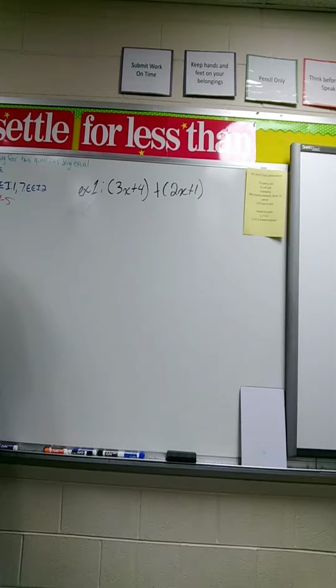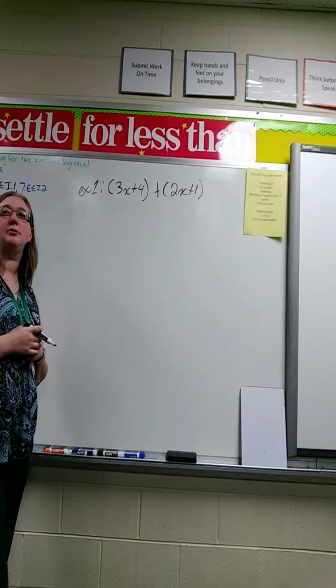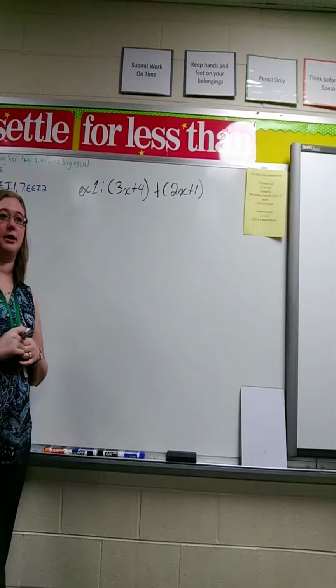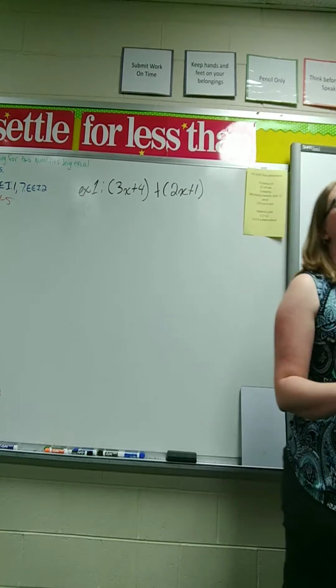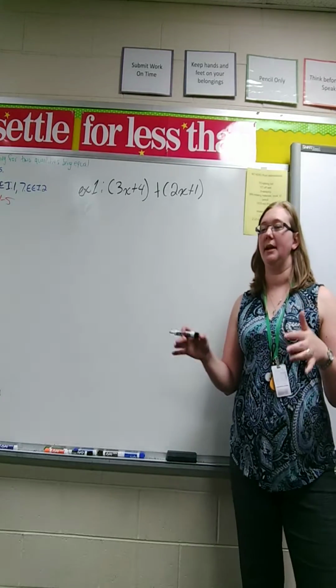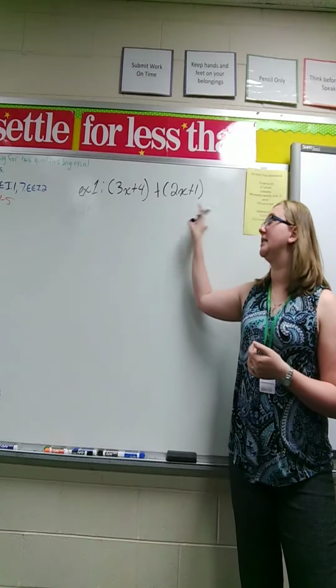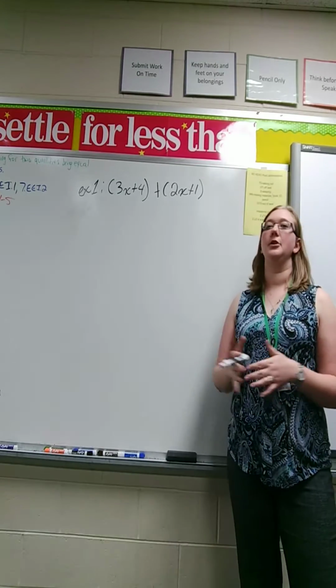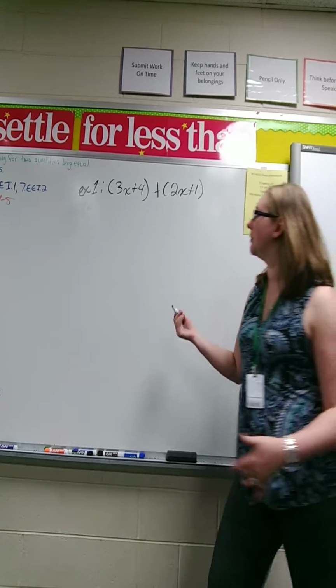The first thing I'm going to do is use a combination of my associative and commutative properties to rewrite my expression so that my x terms are next to each other and my constants are next to each other. I can't simplify anything that is within the parentheses already, so I don't have to worry about order of operations because as this is written, order of operations doesn't do anything for me. I can't combine anything that's in those parentheses. Okay?